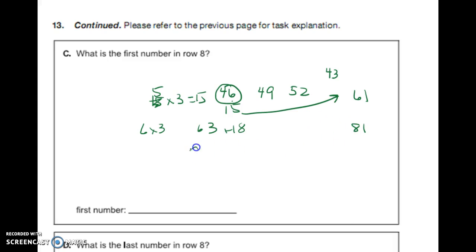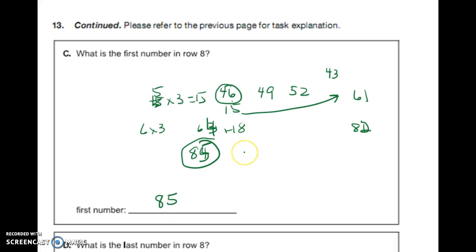Oh, I did that wrong. I'm so sorry. This should be 64 and 82. So this would be 85 in row 8. Okay, so the first number is 85.